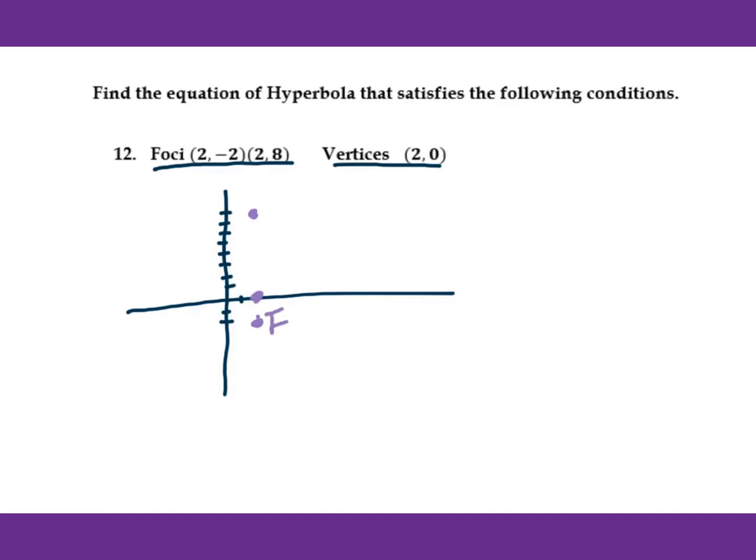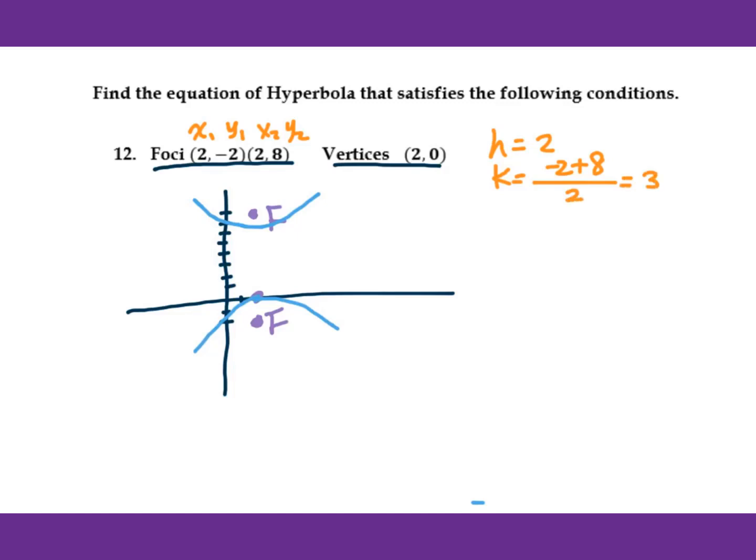So we label this is F. This one is F. We can predict the graph like this. The center will be the midpoint of the foci, label x1, y1, x2, y2. So we got h equals 2, k equals (negative 2 plus 8) over 2. That will be 3. (2, 3), it's here, will be the center.